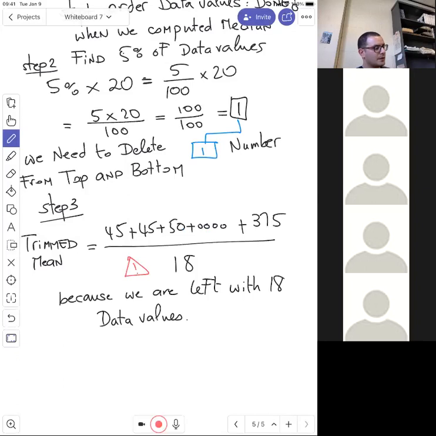Anyway, if you do this, the trim mean should be equal to 121.28. So the trim mean would be $121.28, right?